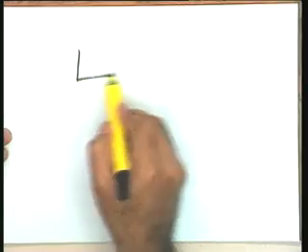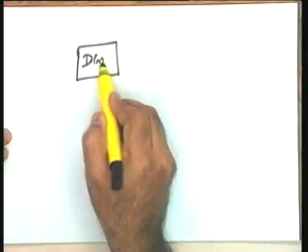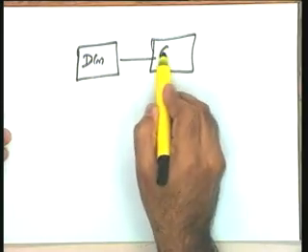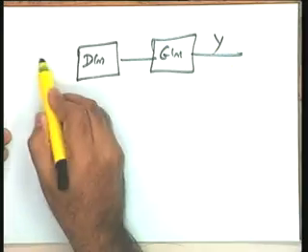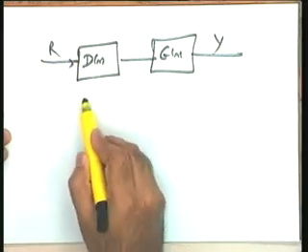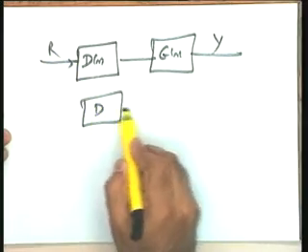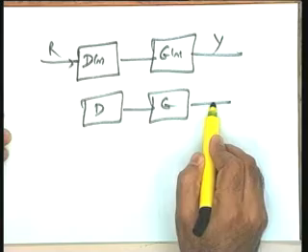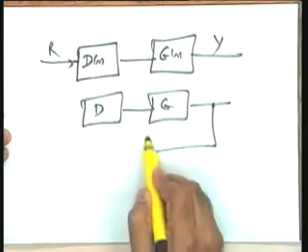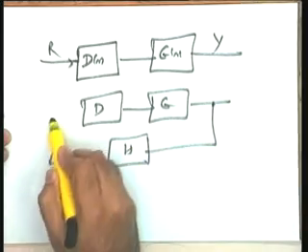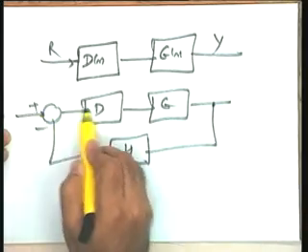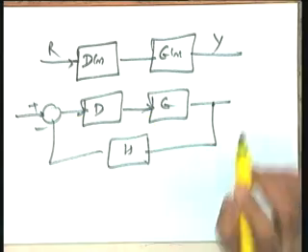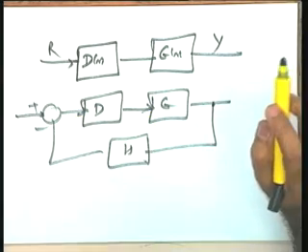Okay. So now we have seen that compared to the open loop transfer function, which is D(s)G(s), between Y and R, the closed loop transfer function here, let me forget about the disturbance for the time being, with H, gives me better sensitivity properties, sensitivity reduction.